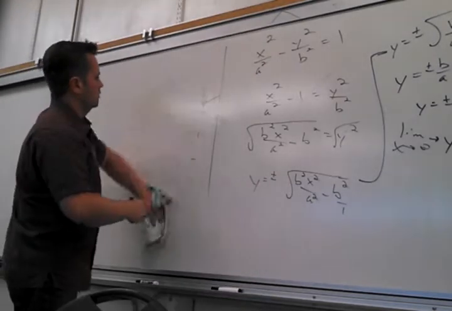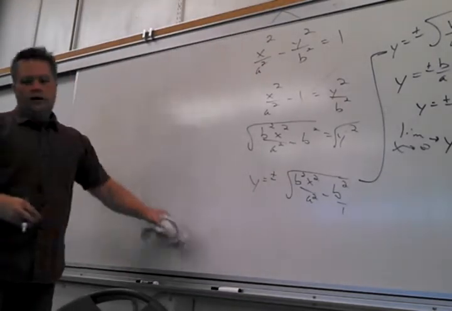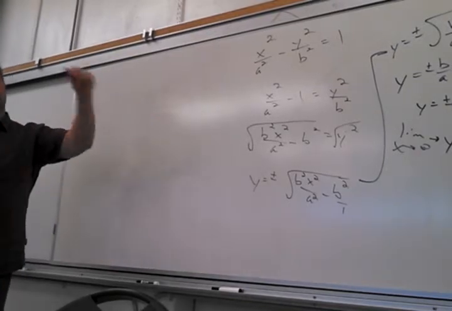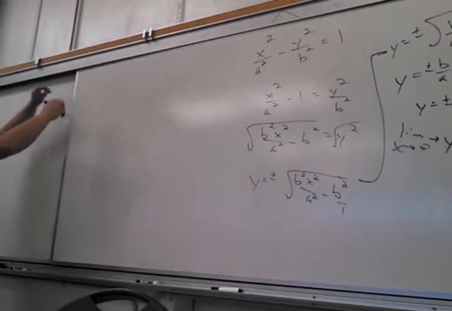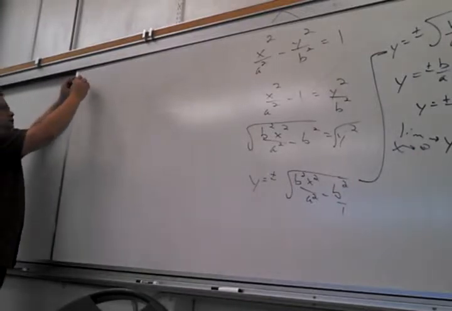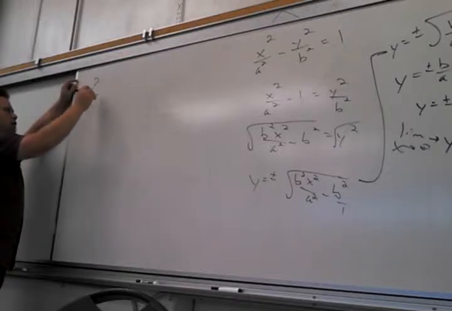So let's put this all together. Let's do an example. Let's remember how to do this. I think last time we did one that was on the x-axis, so let's do one that's on the y-axis.